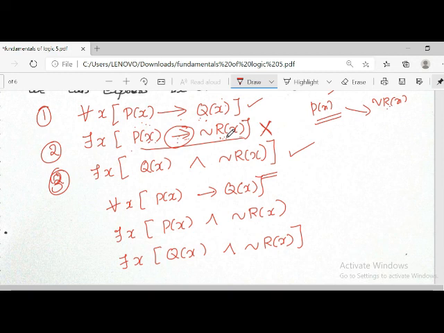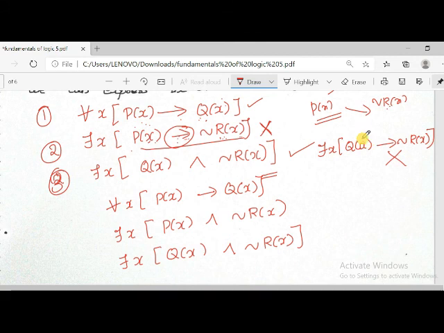Similarly, the third statement also cannot be written as there exists x, Q of x implies negation R of x. Here also it is not possible, because we cannot say that some fears do not drink coffee. Some fears means that if it is a fear, then it drinks coffee.